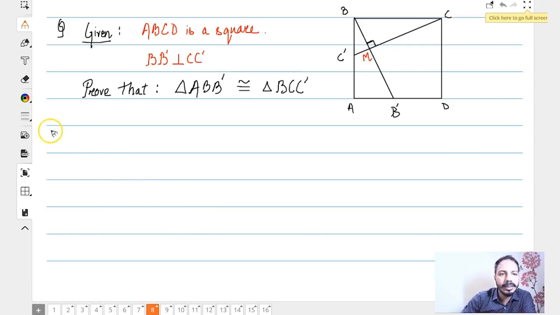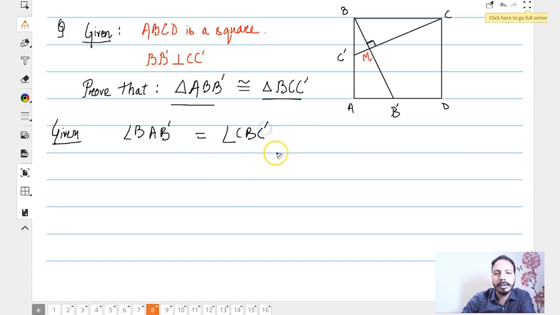So basically, guys, what is given in between these two triangles? Do we have something? Yes, one thing is there, that angle A. Let me write it completely: angle BAB dash is equal to angle CBC dash, because both of them are 90 degrees, both are right-angled triangles.